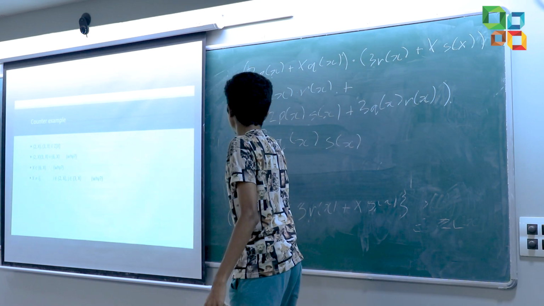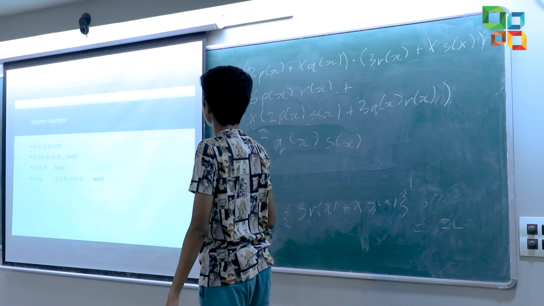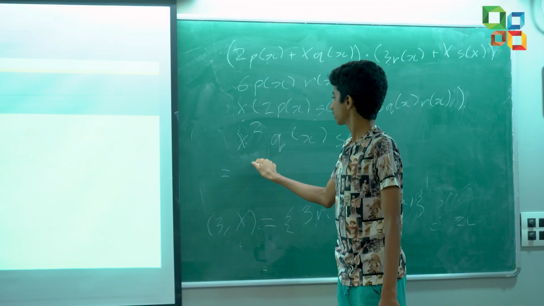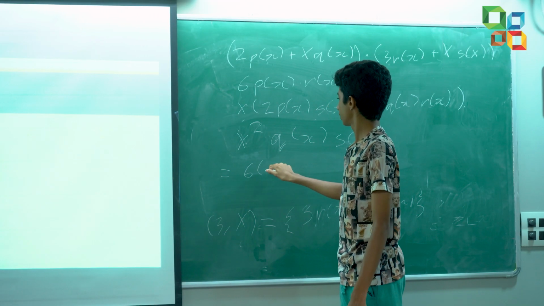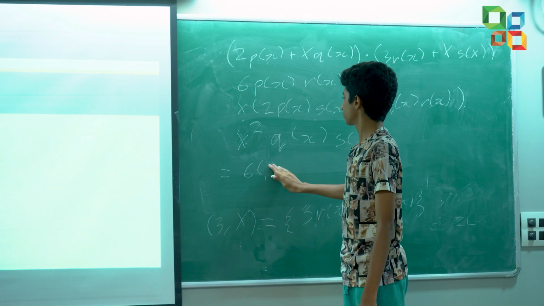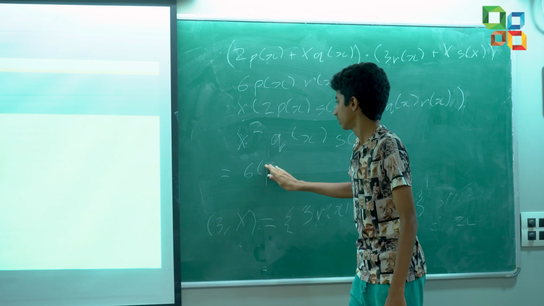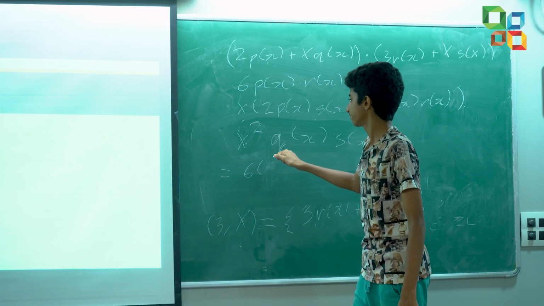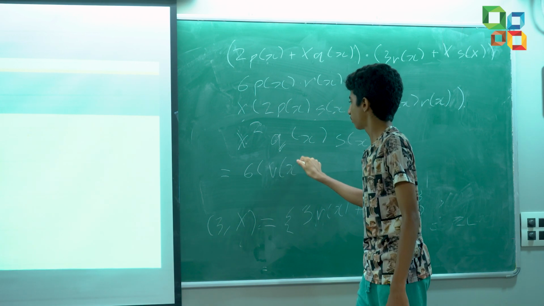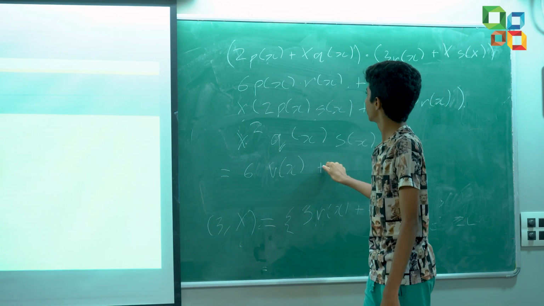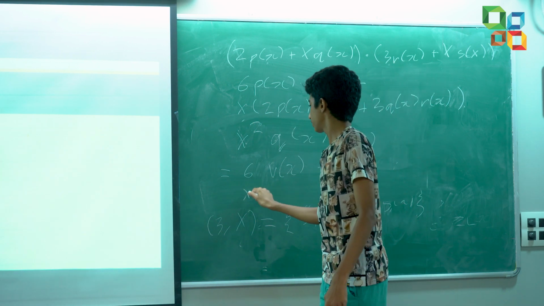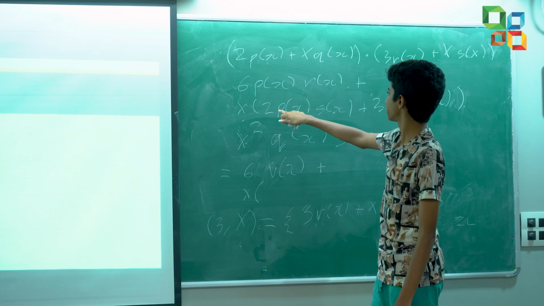Notice this: when you expand it out, you can take it as 6 times some polynomial, this p(x) times r(x) can be taken as some polynomial v(x), plus x times some polynomial.